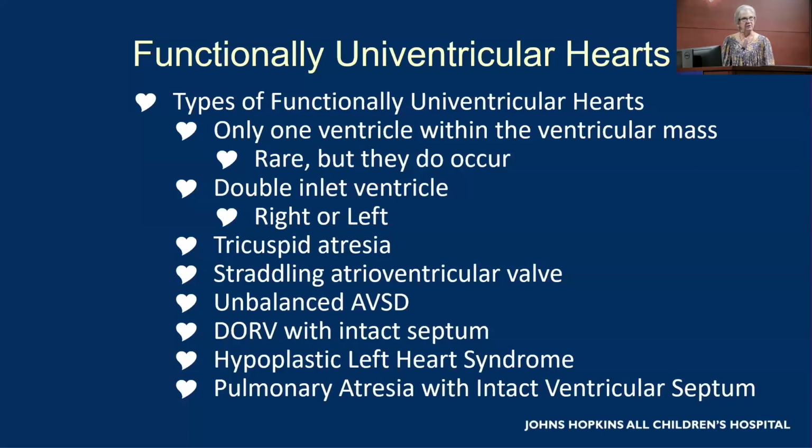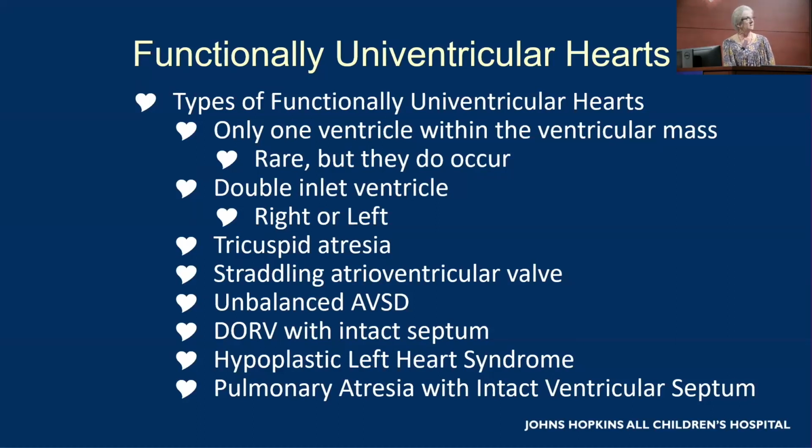The term functionally univentricular heart is now used to better illustrate the differences in this group of patients that I have listed here with these types of congenitally malformed hearts. In this group, they usually have one dominant ventricle and one small ventricle, and it's usually not possible to surgically correct the hearts to achieve a biventricular circulation.